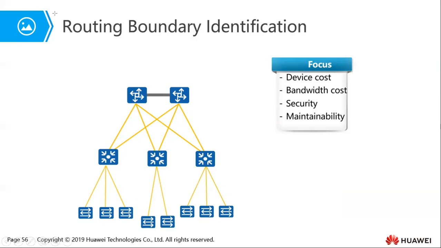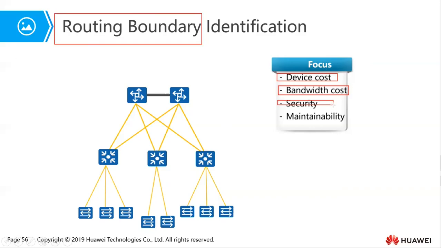But what is the routing boundary, and why do you want to create that particular routing boundary? Some of the things to consider are the device cost. Generally, layer 3 devices are more expensive than layer 2 devices. You also need to consider the bandwidth cost, security challenges, and also maintainability.